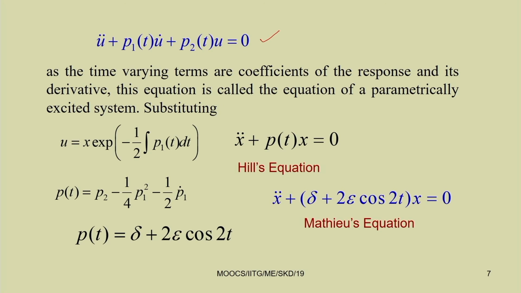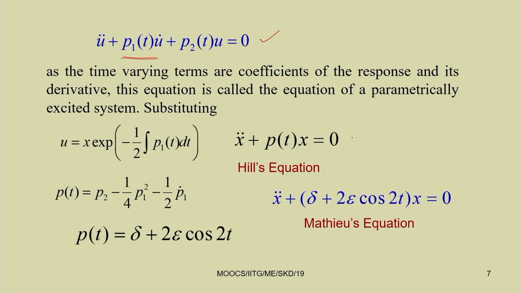For example, if you take u equal to x e to the power minus half integration p 1 t dt, you can eliminate the u dot term. By putting this, you can write the equation as x double dot plus p t x equal to 0, where p t equal to p 2 minus 1 by 4 p 1 square minus half p 1 dot.